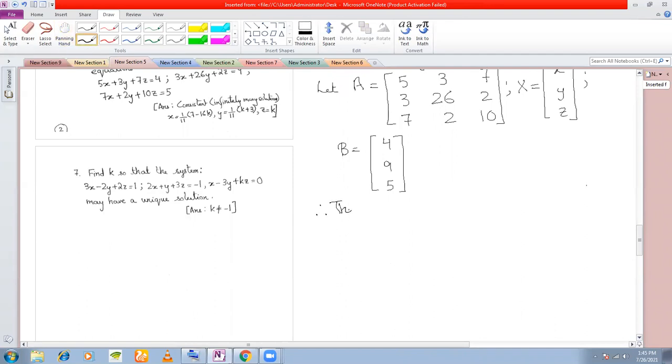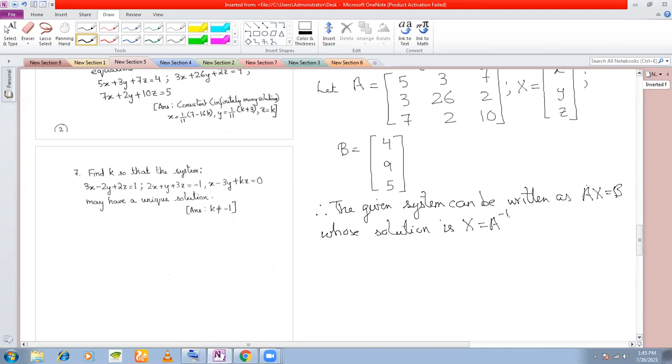Therefore, the given system can be written as AX is equal to B, whose solution is X is equal to A inverse B.